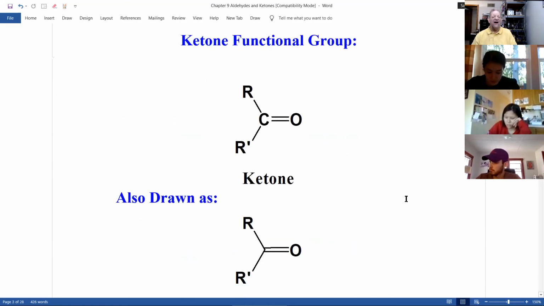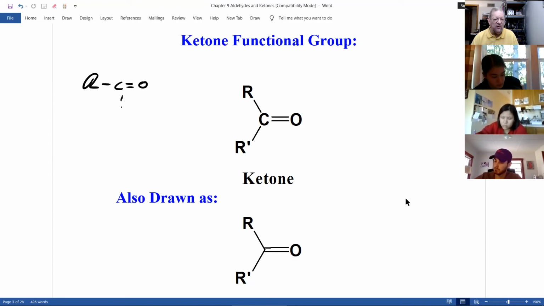Now, another functional group that's similar but not the same is a ketone. And a ketone is carbon double bond to oxygen, but now instead of an R and an H, you have an R and another R group. And I'll call that R prime. That's like X and Y, and R and R prime can be the same or different.